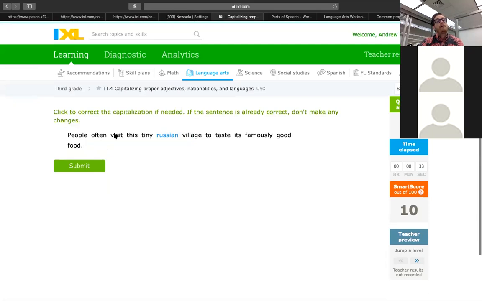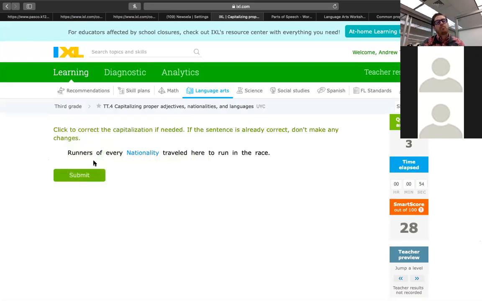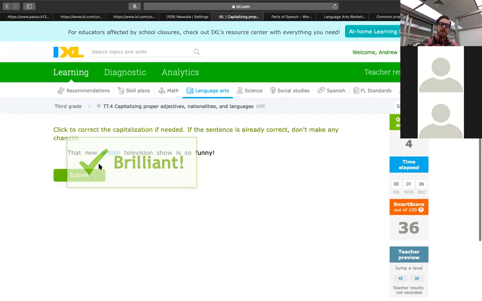"People often visit Russian village." Very good. "Who do you think is the greatest Dutch painter?" Dutch is already capitalized. Got it. Next one. Should every nationality be capitalized? It should not be. Very good. That was close.